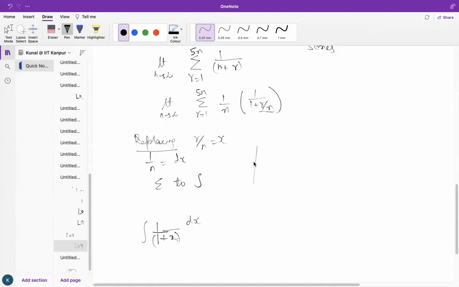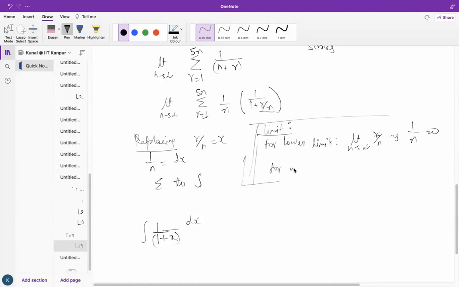Now it's time for the limit. How do we calculate the limit? For the lower limit, we take limit n tending to infinity, r by n, where r is the lowest term of this series, that is 1, so 1 by n. When we solve this, we get 0.